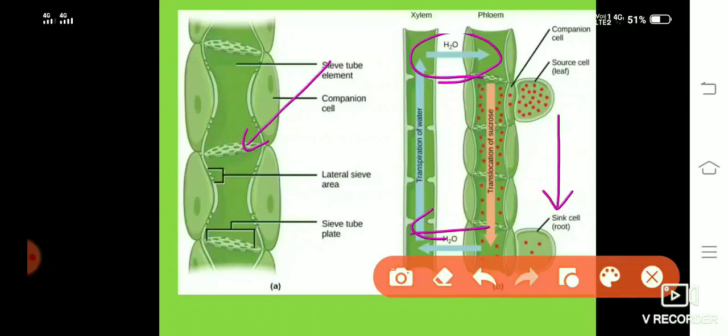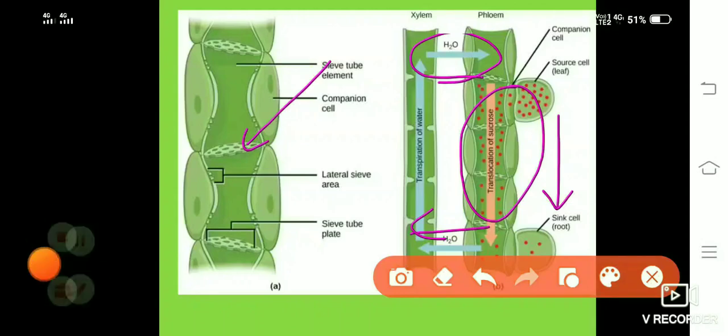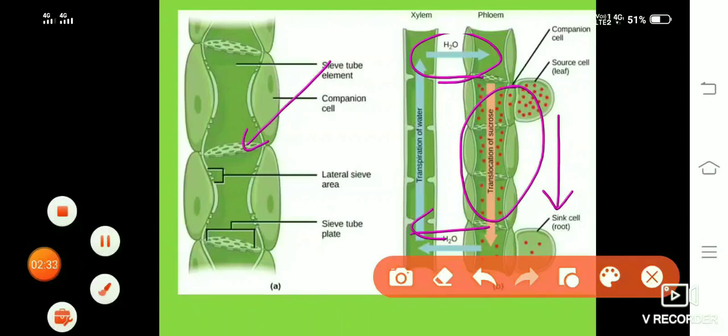Third step, as a result of this, the pressure inside the phloem increases. This pressure helps the phloem to move the food to all the parts having less pressure. And this is how phloem transports the food and other important hormones to all the parts of the plant according to its need.